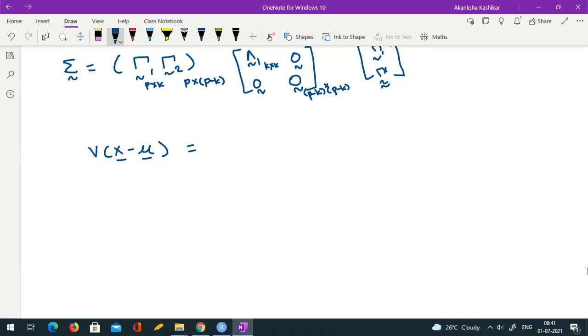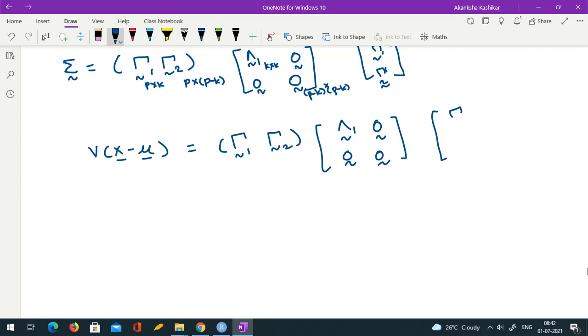Correct? So we will keep it as it is. So this is gamma 1, gamma 2, this is lambda 1, 0, 0, 0, and gamma 1 prime, gamma 2 prime.